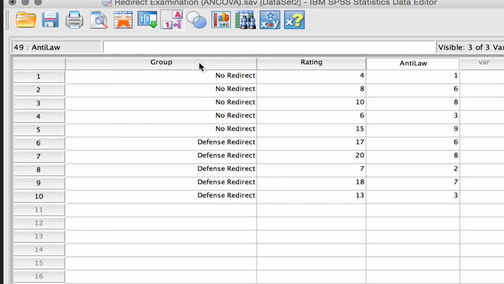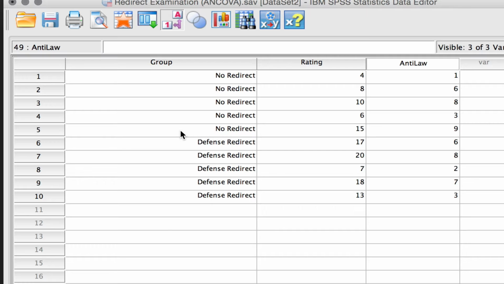So the idea of this fictitious study was we wanted to see if seeing just cross-examination of a witness resulted in lower credibility than seeing cross-examination and then the original counsel being able to clean up what happened on cross-examination, whether that would result in higher or lower ratings of their credibility.